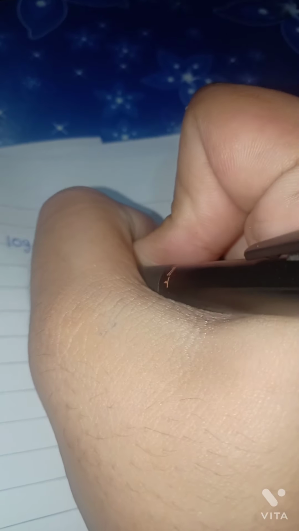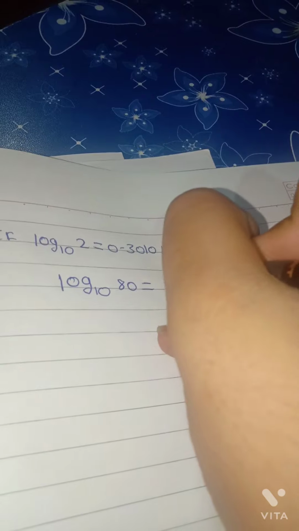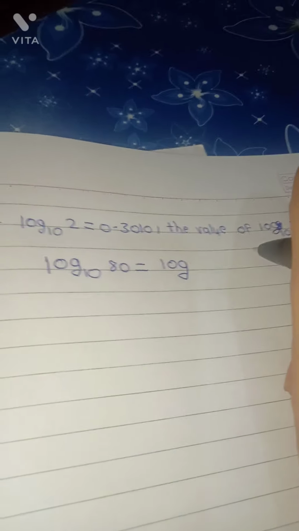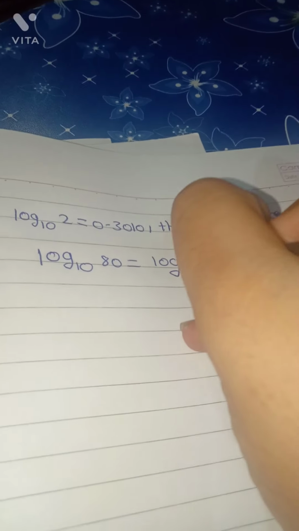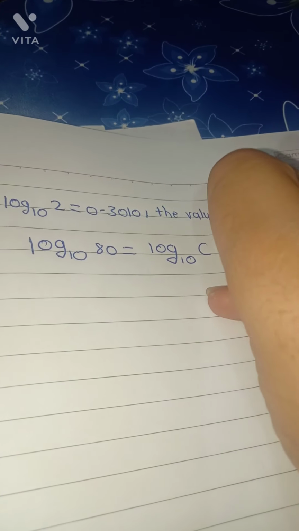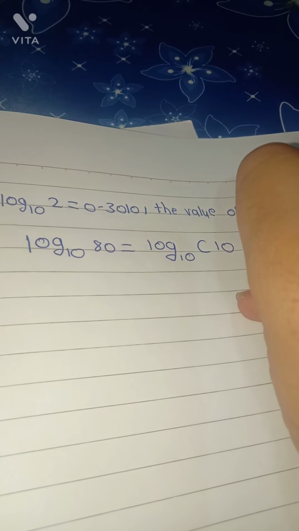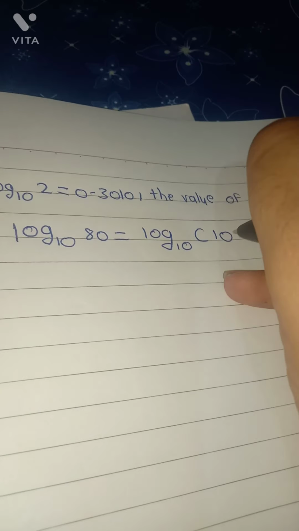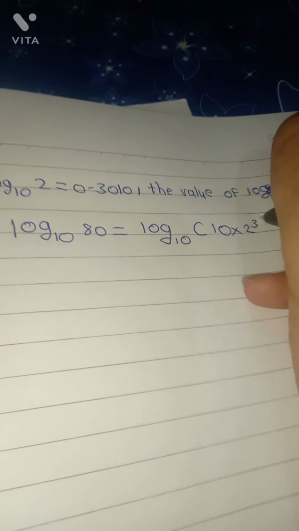In 36 we have to find the value of log base 10 of 80. So first we will simplify log base 10 of 80. It will be equal to log base 10 of 10 into 2 cube.